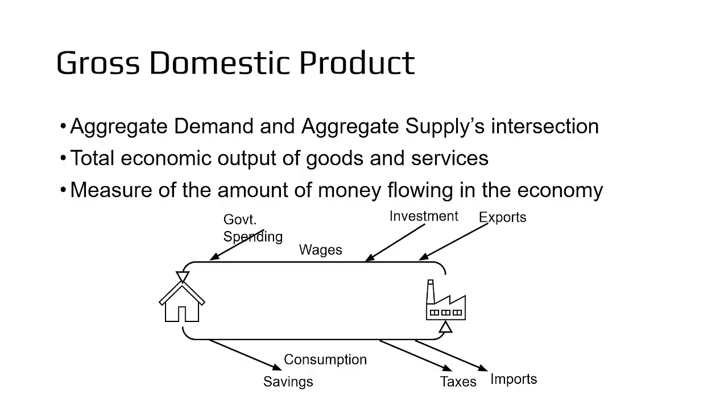Now, these companies use that money to pay wages, and these wages are fed back into the households, who then use the money they have earned in these wages to buy products, and as a result you have this flowing cycle of money constantly going around the economy. Now, there are other factors that can inject more money into this cycle, or can extract money from this cycle.